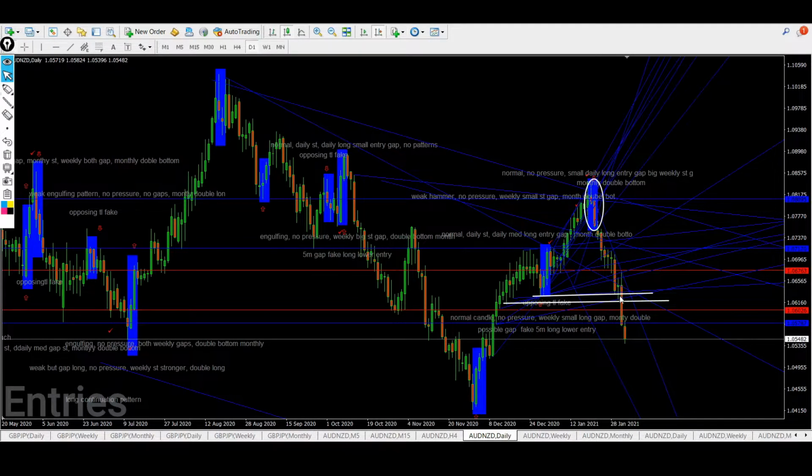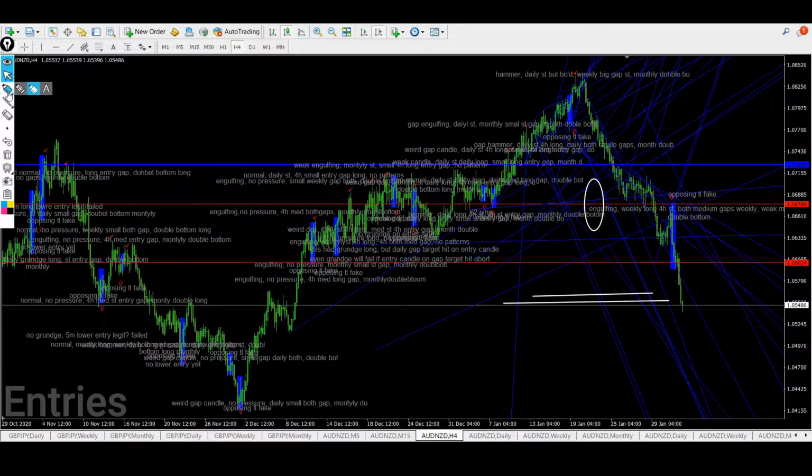Those levels were touched and price just collapsed right here. So let's go on to the 4-hour chart. In terms of entries, there was a short trade that formed yesterday right here, but that target's already been hit.